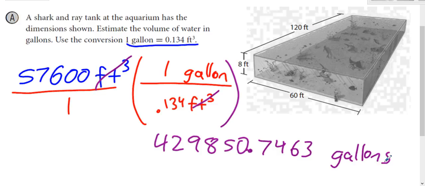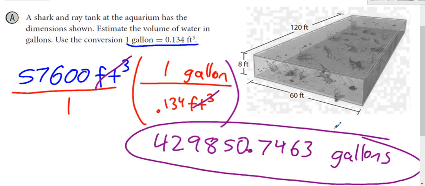It doesn't tell us where to round, so I'll just leave it there. It would make sense to round up to the nearest gallon, though. 429,851 gallons.